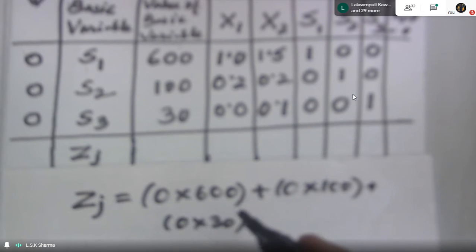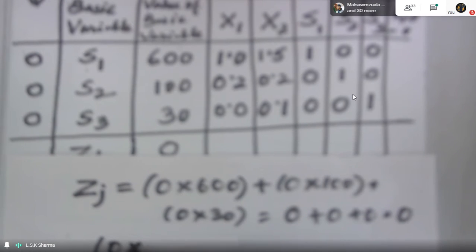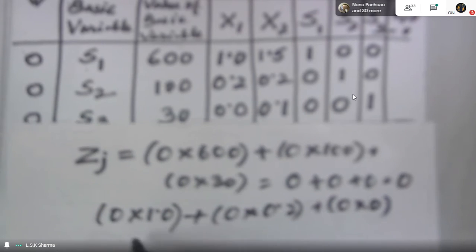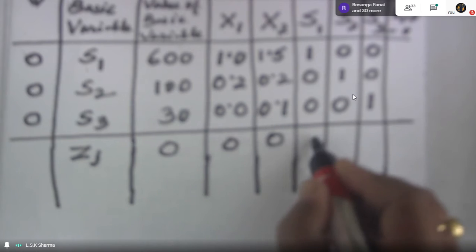Whenever you multiply anything by 0, you get 0, so 0 plus 0 plus 0 is 0. Similarly, in this column you will have 0 into 1.0 plus 0 into 0.2 plus 0 into 0, which is 0 plus 0 plus 0, so 0. Everything will be 0 out here.